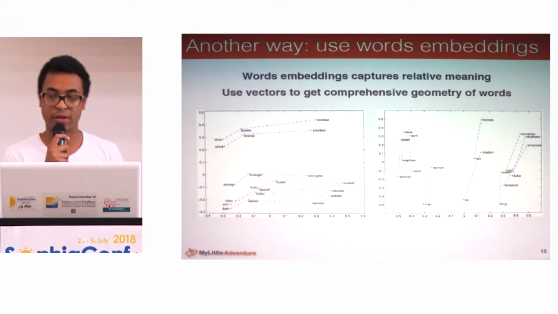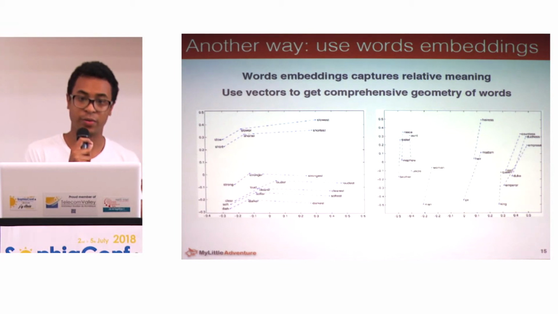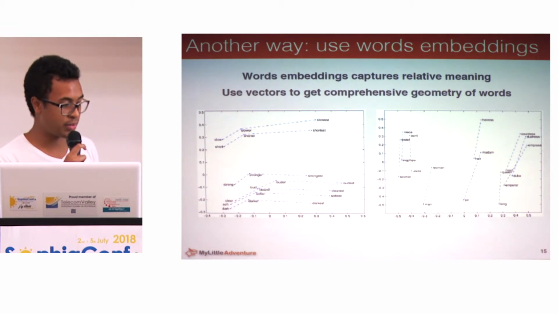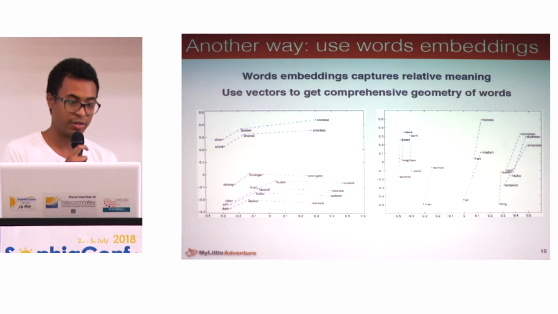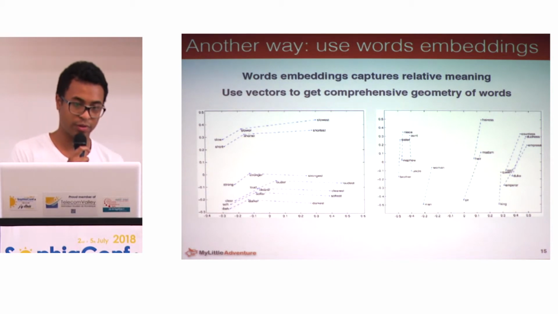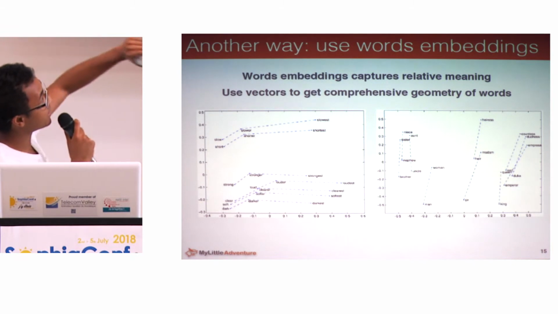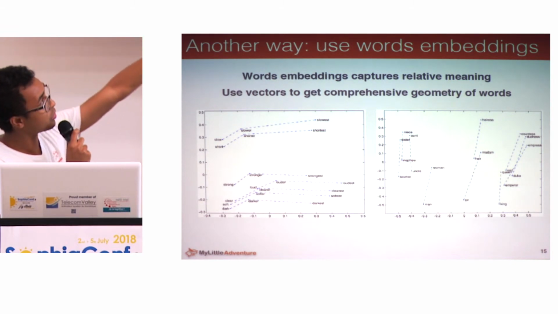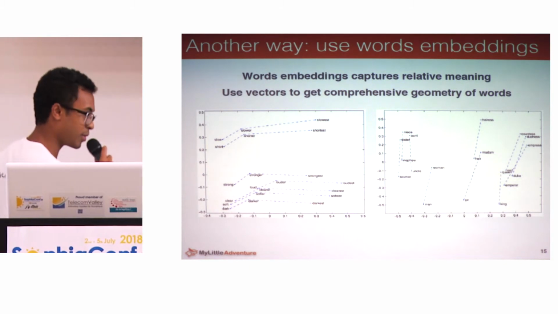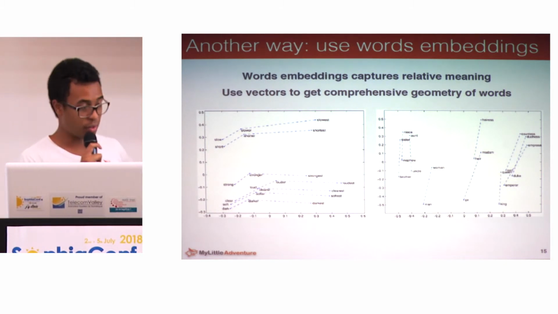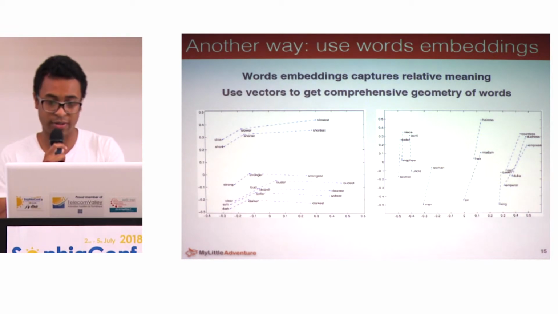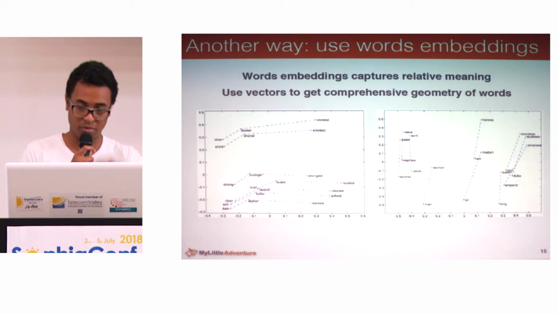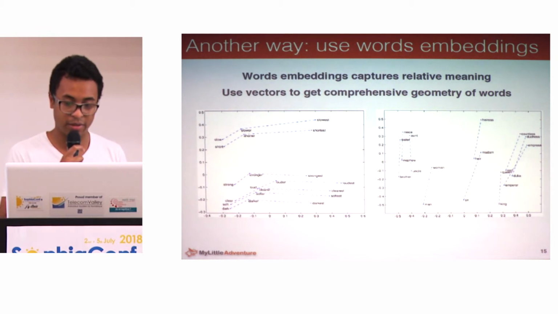But as we saw before, in 2013, there was this group of techniques called word embeddings that can capture relative meanings of words by changing them to vectors. What I mean by this is, on the figure on the right, you have, above, all female words, for example woman, aunt, sister, madam, and below you have male nouns.